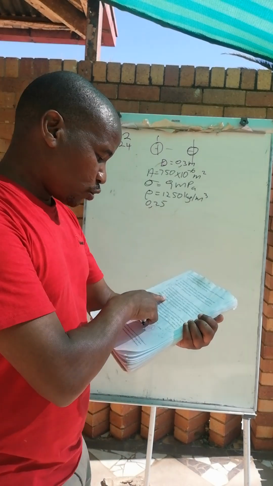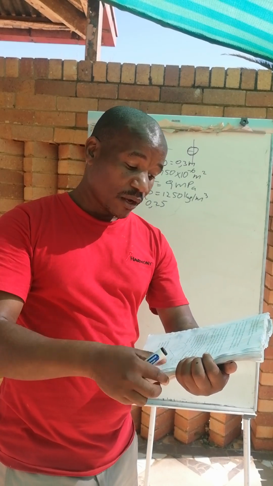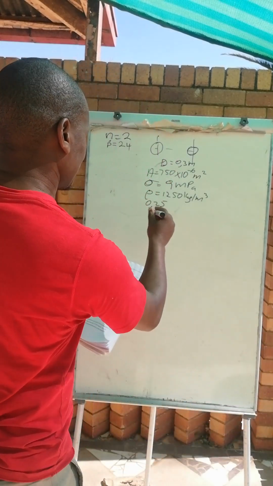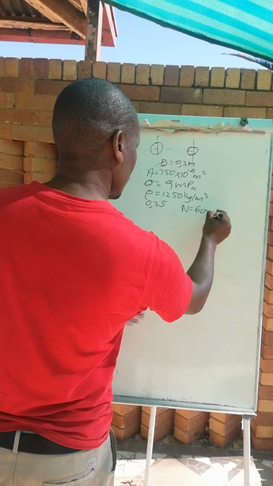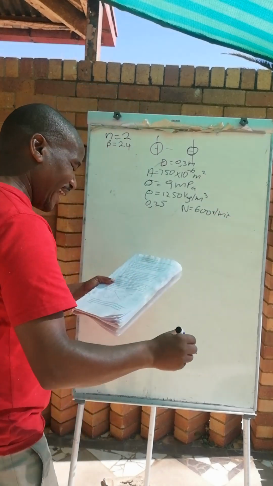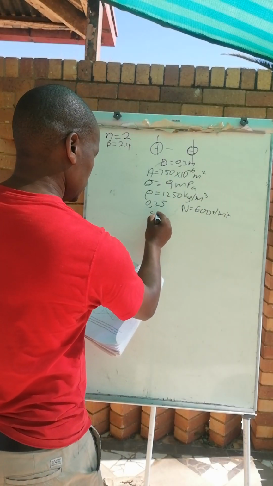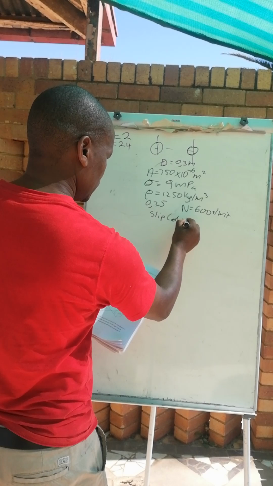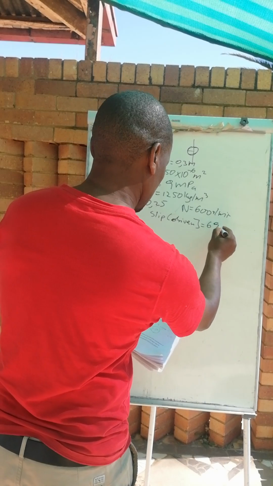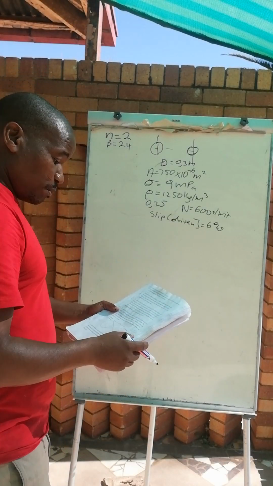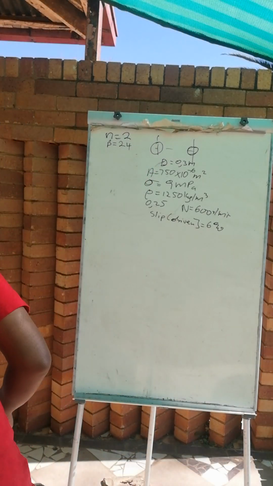Now they say calculate the power delivered to the driven pulley when the driving pulley rotates at 600 revs per minute, and the belt slip at the driven pulley is equal to 6%. Very important.